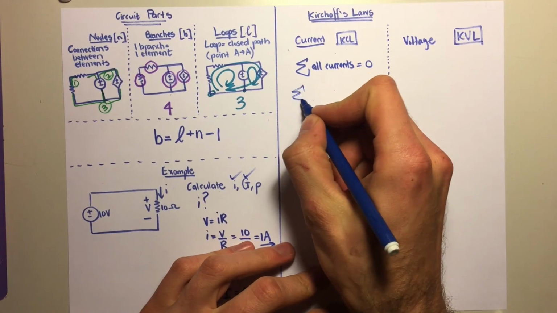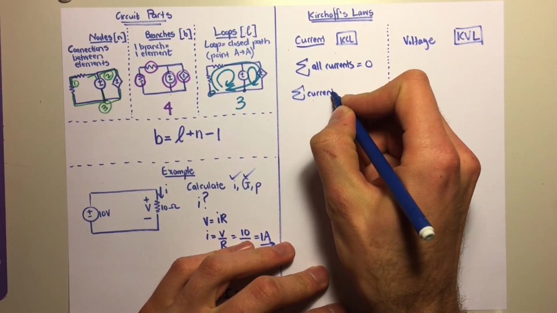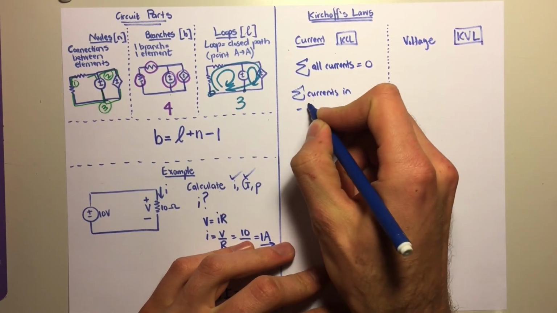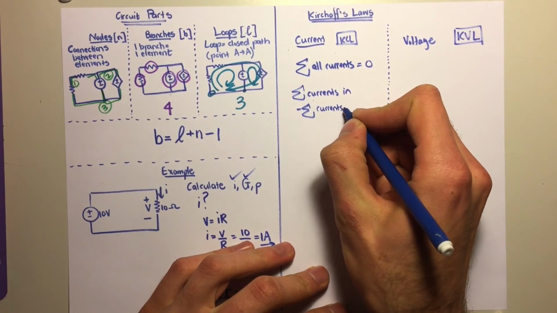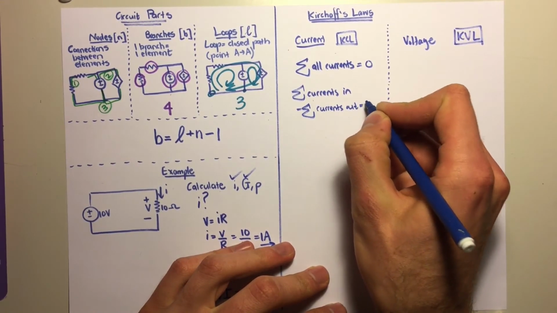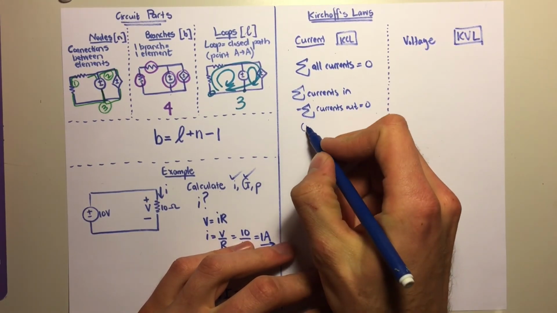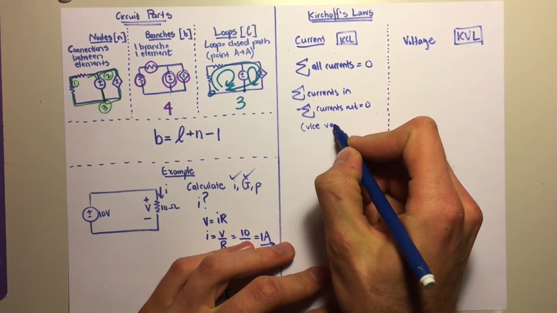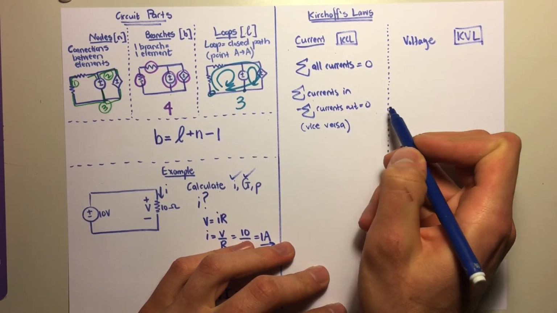So that means the sum of all currents in minus the sum of all the currents out must equal 0. And it can also be the opposite way around, so vice versa. So whatever goes out minus whatever comes in must be equal to 0.